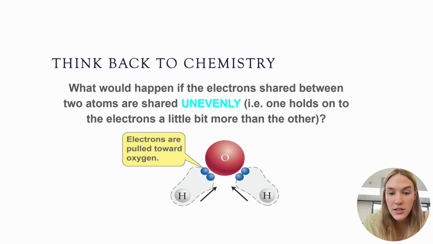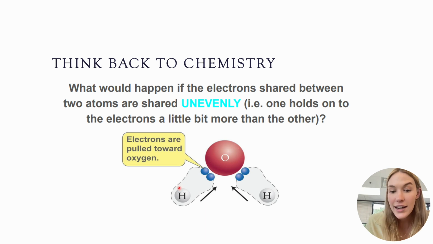So oxygen holds on to these blue, let me see if I can use my pointer, these blue dots here are electrons, and you can see that they are held much more closely to that oxygen atom compared to the hydrogen. Well, recall that electrons are negative. So if electrons are negative and we have all of these negative charges hanging out around oxygen, now we have a negative charge around that oxygen.